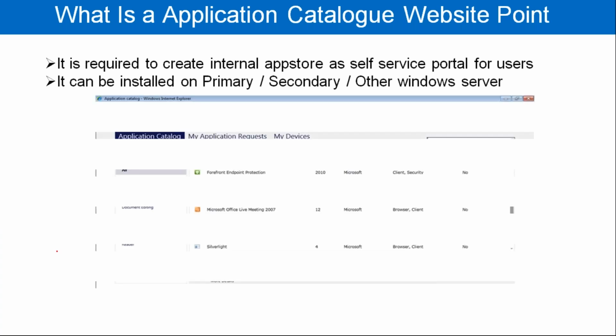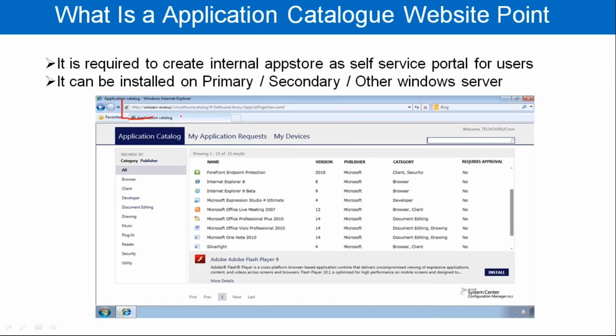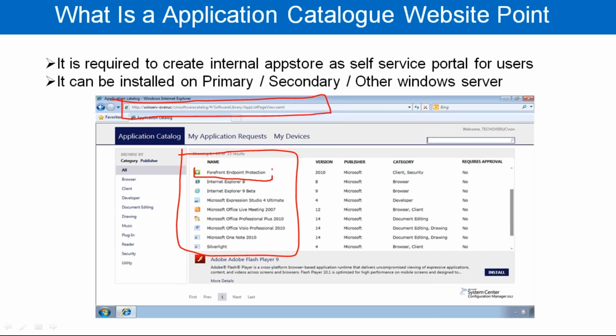Like a website, you can create one website and all your users can go to this website and you will publish these applications on that website. So if user needs any application, they will click on this and then they will click on install. And the moment they click on install, it will get installed in their computer. So to create this website, we need application catalog website.